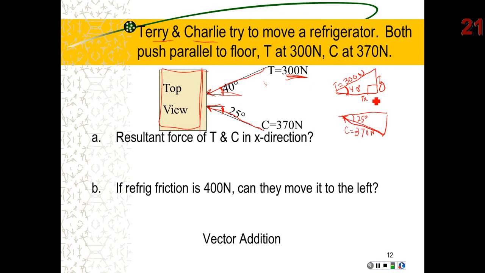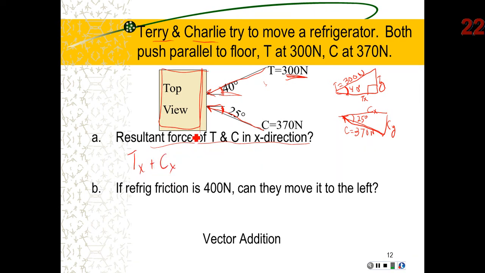Again, we could resolve that into an x component, cx, and cy. The question I'm going to ask is, what is the resultant force of Terry and Charlie in the x direction? That'll be simply tx plus cx.